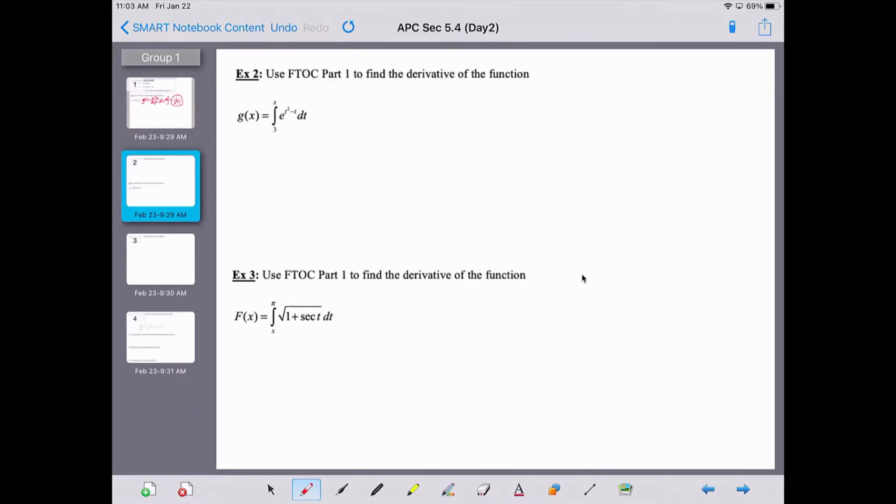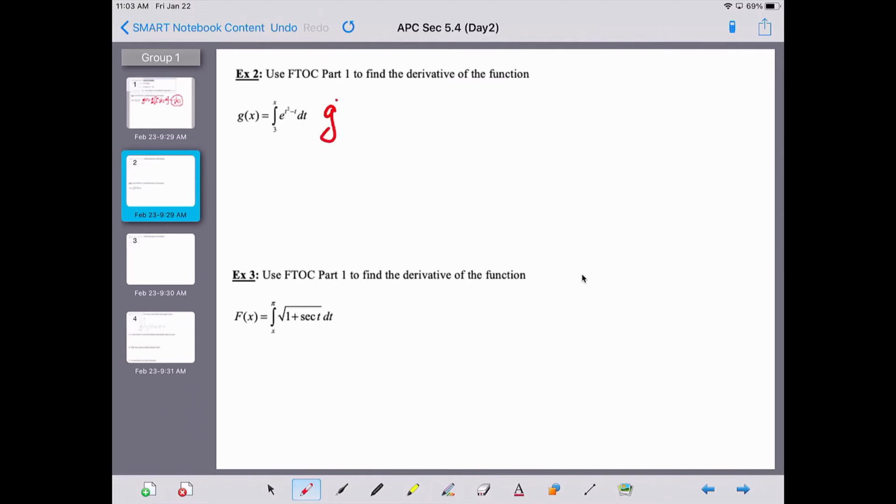Example 2 is very similar. Here, notice that my lower limit of integration is 3, not 1. And again, as I said in the last problem, it doesn't matter what the lower limit of integration is because as long as x is our upper limit of integration, we basically just get back the function that we started with when we differentiate our integral.